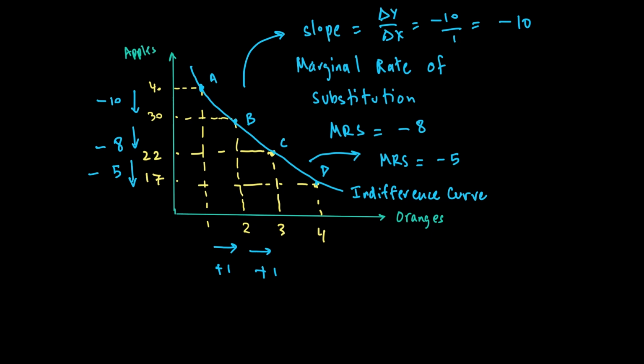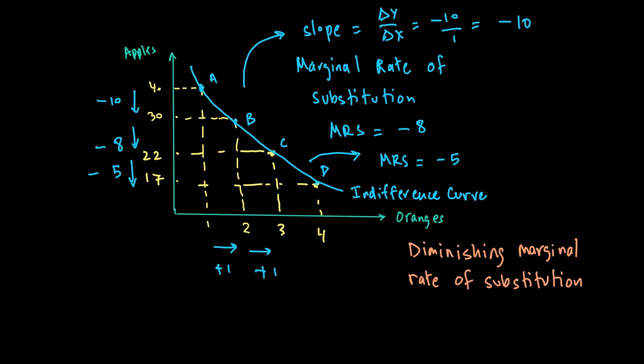That's one thing. But also, one more thing that we notice is that as we move down the curve, the marginal rate of substitution is going down from minus 10, for example, to minus 8 to minus 5. So what do we mean by diminishing marginal rate of substitution?